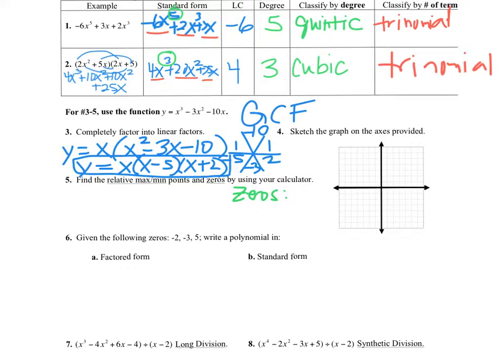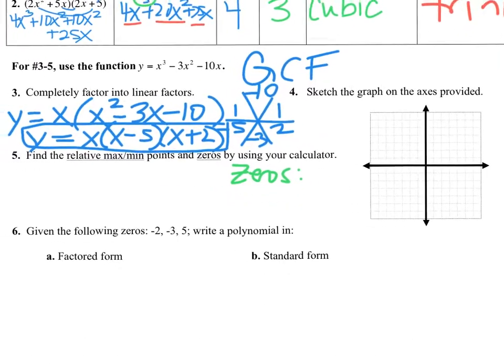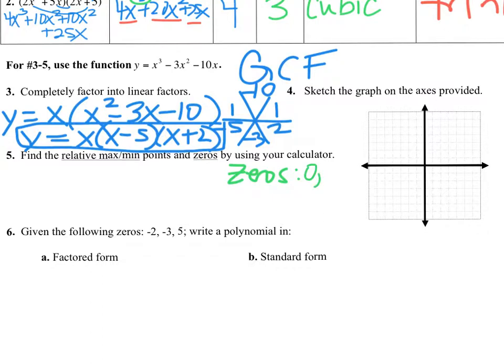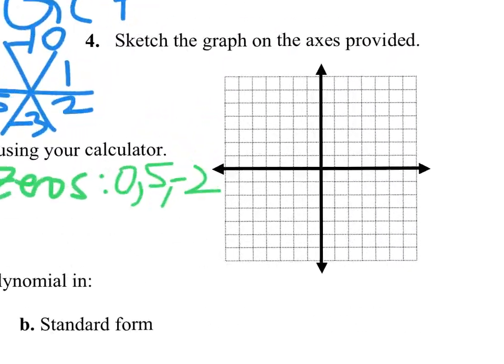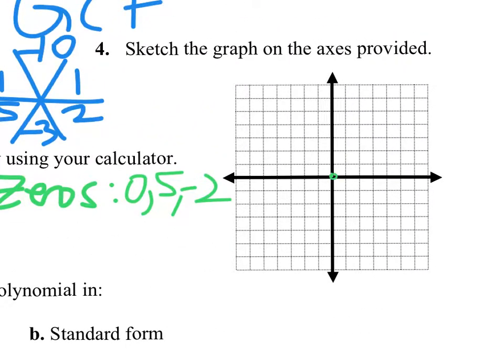What are the zeros of this polynomial? 0, 5, -2. Those come from the factors. Our zeros are also the x-intercepts. So you want to go over here and plot 0, 5, and -2. Those are the points that my graph is going to go through for sure.